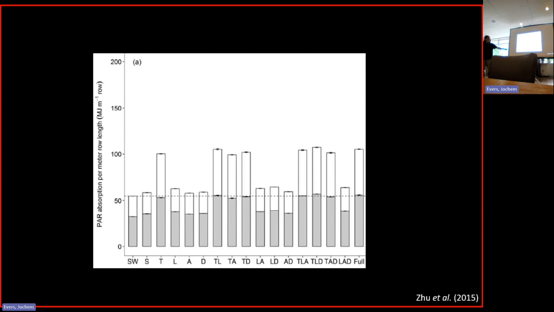If it says T here, it means we used the intercrop tillering phenotype. Everywhere there's a T, the bar is high, which means when you have the number of tillers that are specific to an intercrop, you're doing much better in terms of light capture. The other traits that were tested had a marginal effect. It was really the tillering that did the trick.